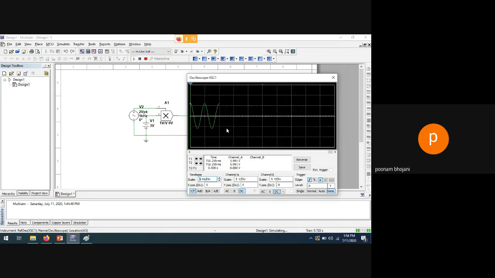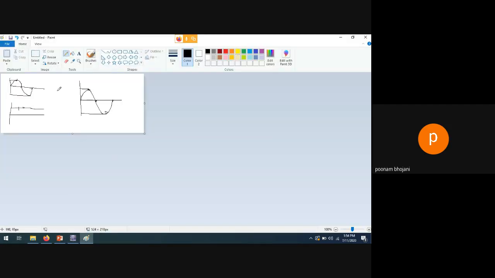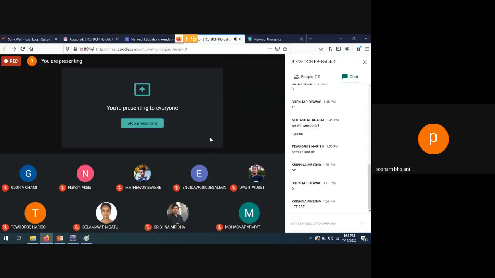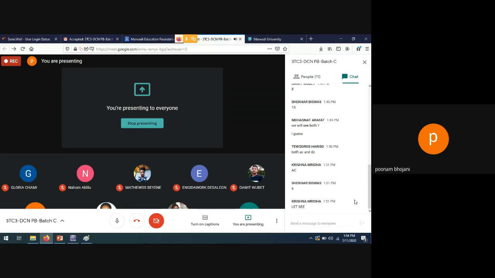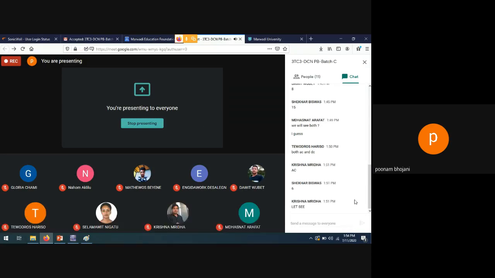So you are getting a 6 volt peak sine wave and 12 volt peak to peak in the output. Is it clear, everyone, how multiplication happens? I have already shown the multiplication of some points. Is it okay? AC into DC.